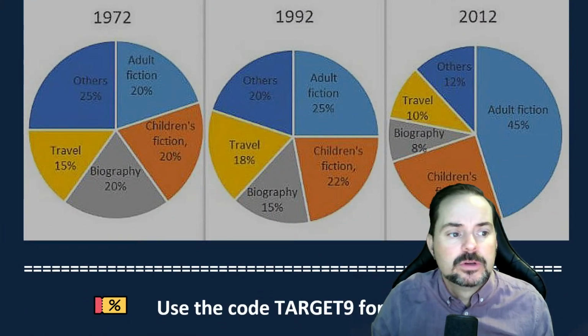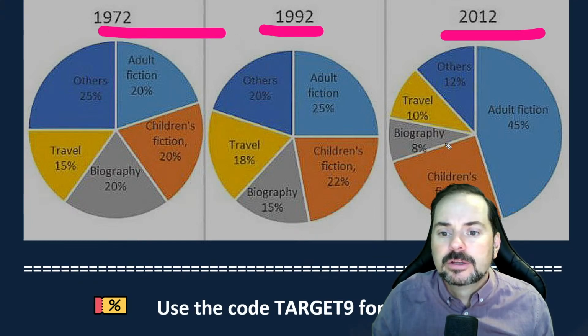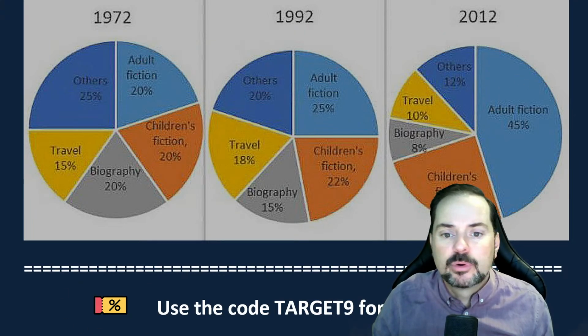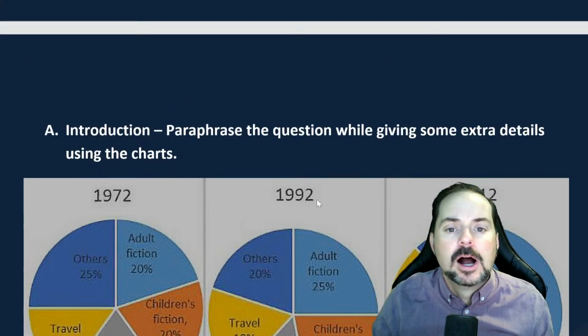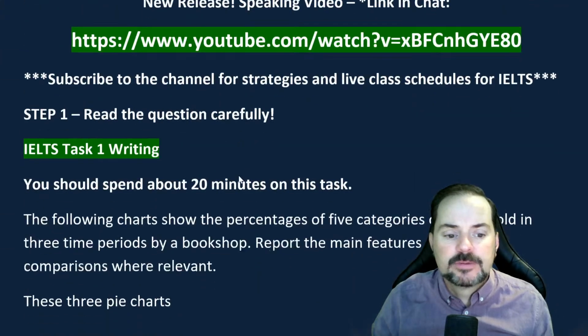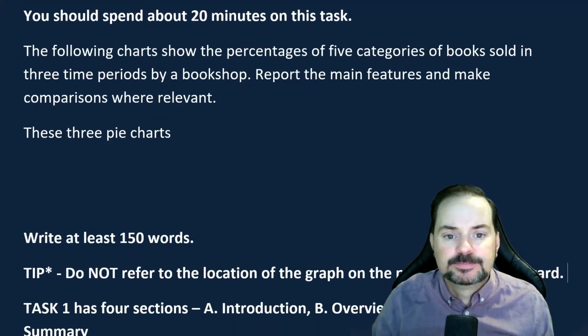So there's 1, 2, 3 pie charts, right? They're not just charts, they're pie charts, and that's important. So let's refer to them as these 3 pie charts.